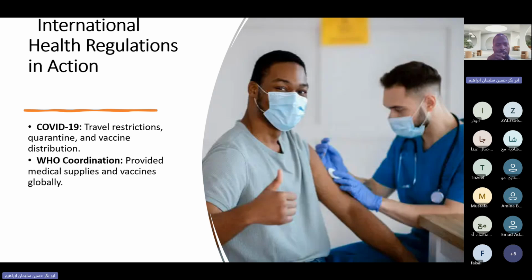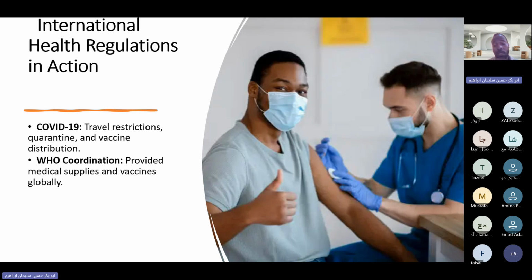Also, WHO, the World Health Organization, coordinates and provides medical supplies and vaccination globally. It provides medical supplies like nebulizers, medical ICU rooms, and many medical tools. Additionally, it provides vaccination globally, with different kinds of vaccine.